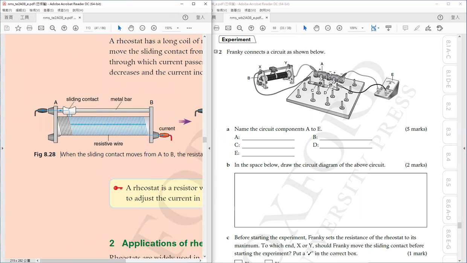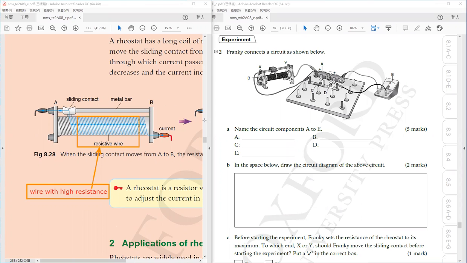These wires below have very high resistance. When you pass through a long distance of the resistive wire, the total resistance will be high.